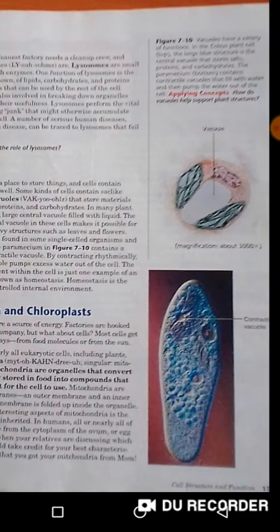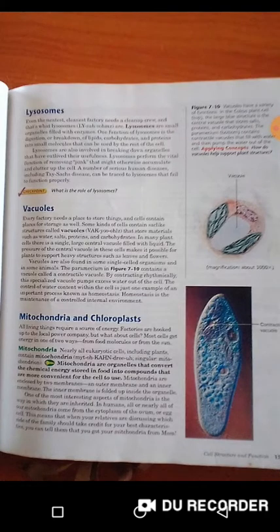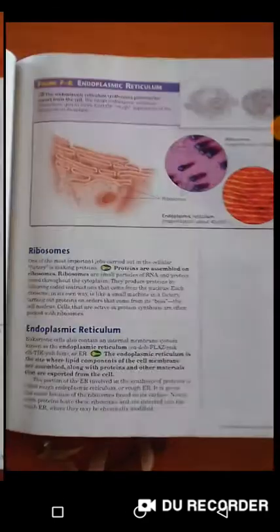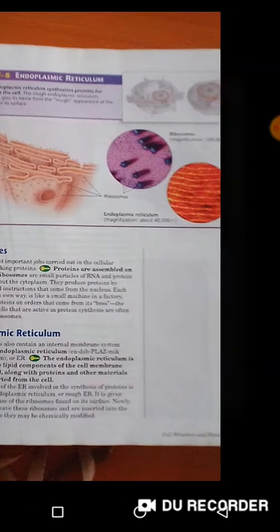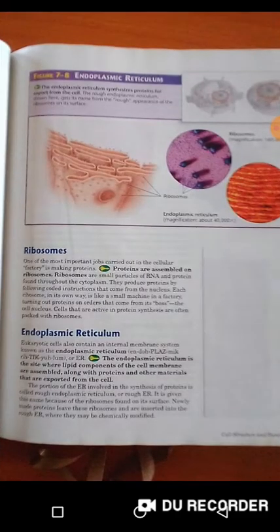Then you go to this other side. You also see the diagrams, the way they look. From there you read the functions. Then you go here. We have ribosomes now. Then endoplasmic reticulum. You should read and see the functions of these parts of the cells.